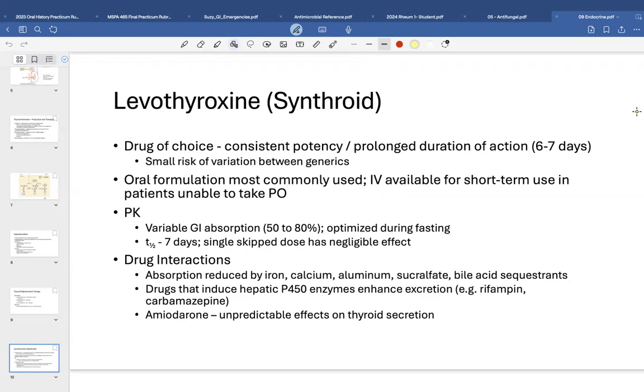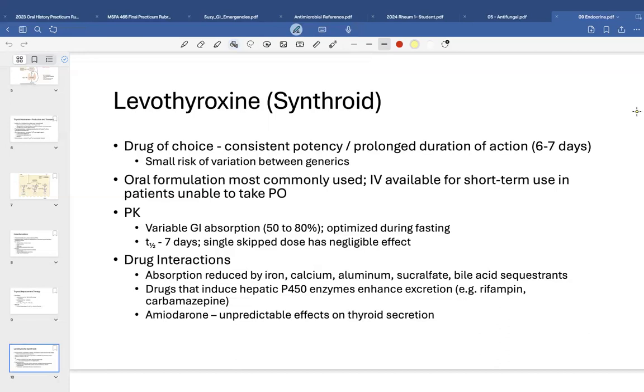Obviously, treatment adherence and all the other considerations are important as well, but going from one generic to another for a drug such as this, which is considered a narrow therapeutic index drug, can lead to significant variations in thyroid levels. But generally speaking, if you have a patient that consistently takes their medication at the same time every day, uses the same product, you have a very predictable response.